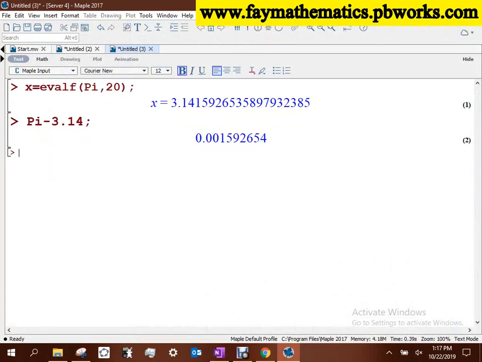maybe they said to, instead of using 3.14, evaluate or use, does anybody know a fraction other than 3.14 that they've seen? Have you guys ever seen 22 over 7? So let's say I put that out to 20 decimal places.